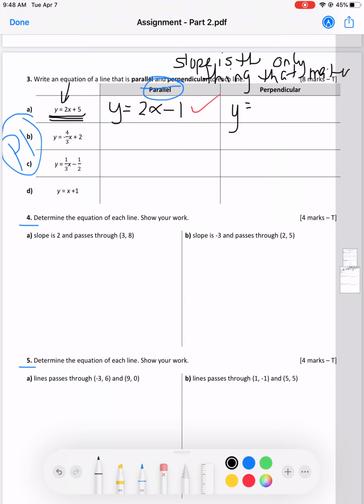This is originally positive, so now this is going to be negative. My slope is 2, which is 2 over 1. So that means my slope's 1 over 2. Don't forget your x because we're dealing with slope. And then again, actually the y-intercept can stay the same for this one. But let's just change it to plus 1. Okay, so that's how to do number 3.